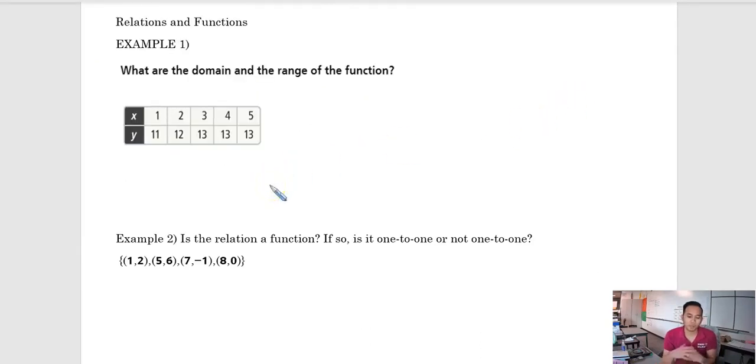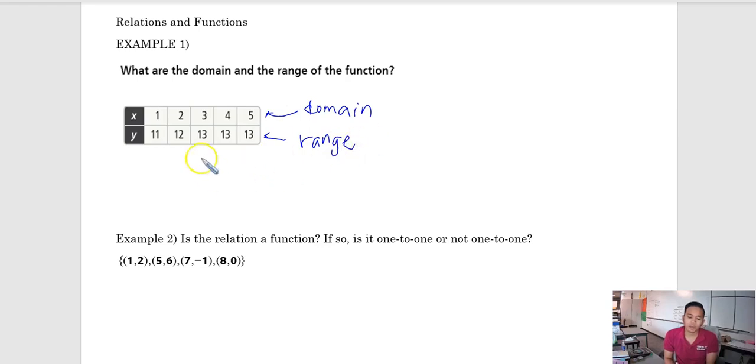Our first example is: what are the domain and the range of the function? So how are we going to answer this one? As we go back to the discussion that we had a while ago, the domain are the x values, and the range are your y values. So you can now say these are the domain and these are your range.